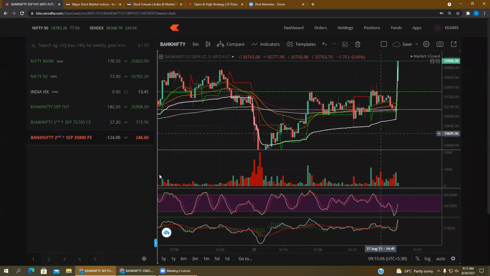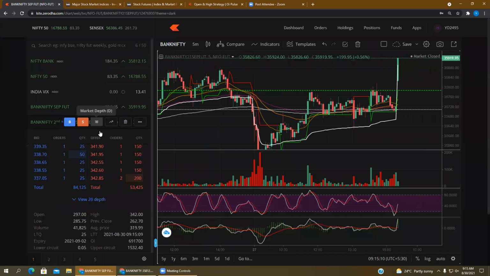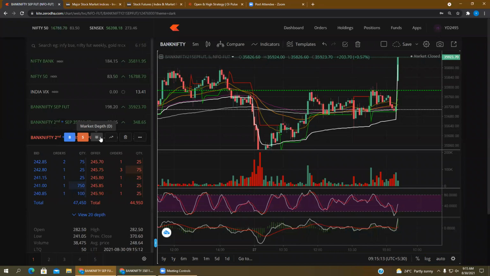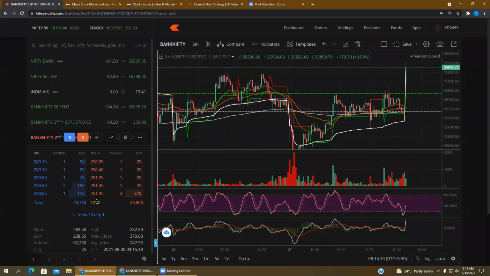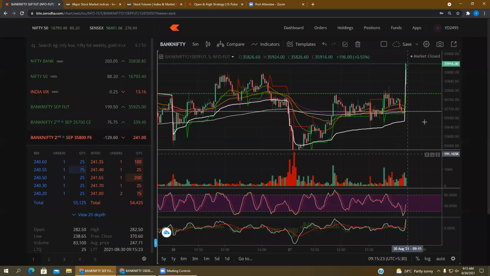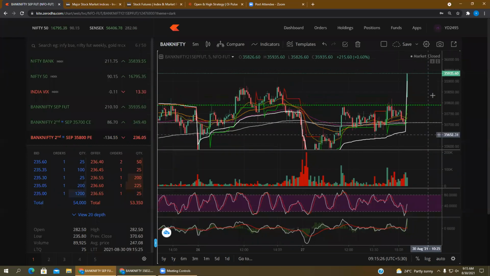Open gap up and it's going up. 35,700. Okay, put has open high. Okay, interesting. But it's not too much. Just going to wait for a moment. I'm just exiting the overnight position.